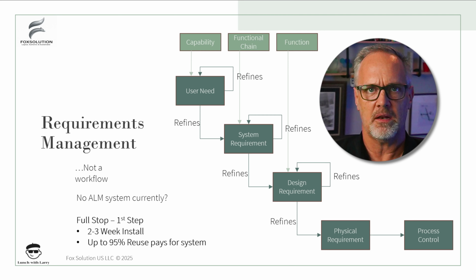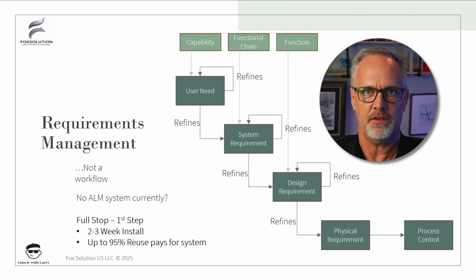The systems modeling data model in a simplistic view is capabilities which are refined by functional chains, which are refined by functions. So functions, by definition, exist in one component of the system. In a person, in a printed circuit board, in a piece of software.